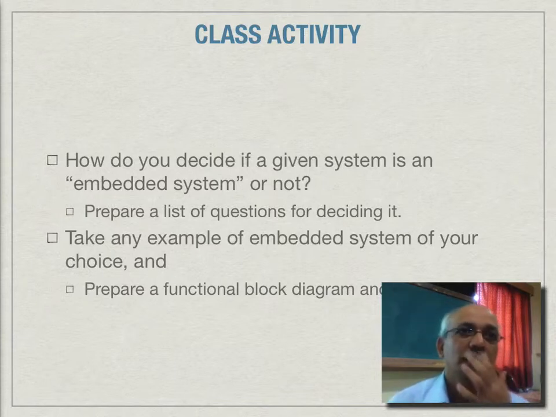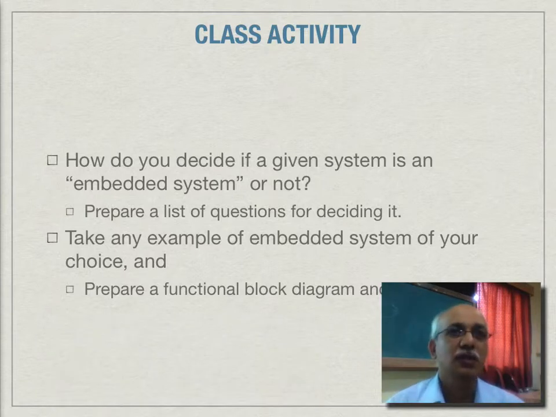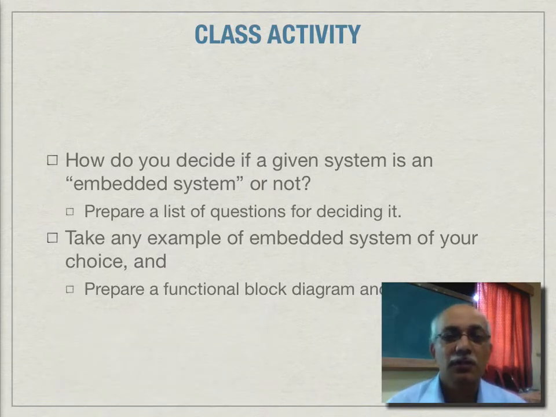The next question is real time constraint. Does it have any real time constraint? Right. Any other important question? Processor. It must have a processor as far as possible, right. We do not call a non processor based system an embedded system, right.